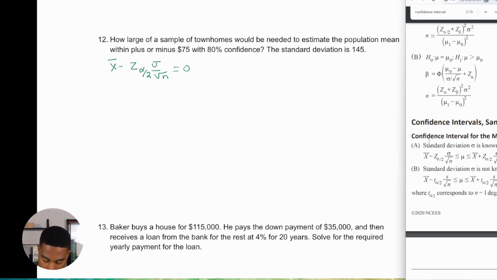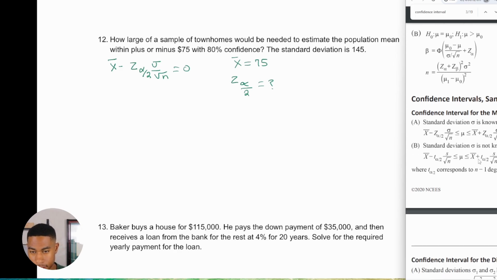And so do we know x bar? Well, x bar in this case is going to equal 75. Right? That's the population mean. And then z alpha over 2 is going to be what? Well, they say it needs to be 80% confident.